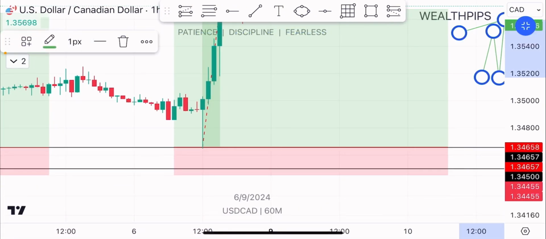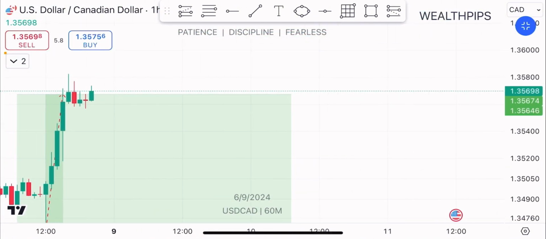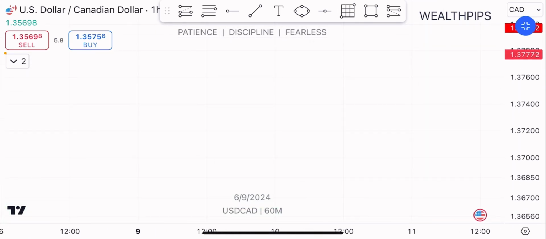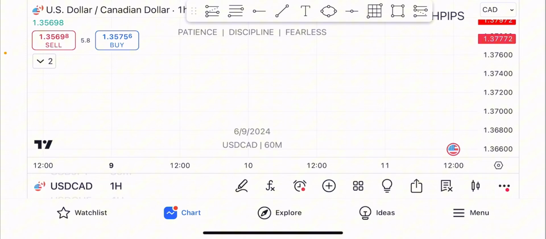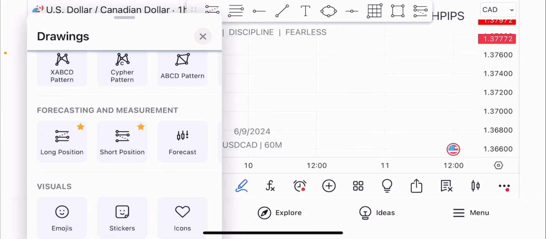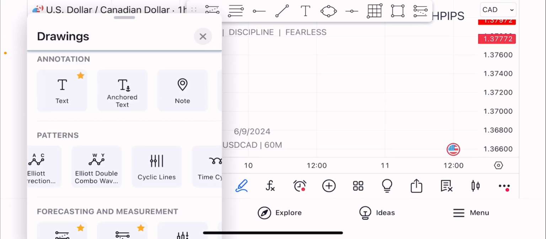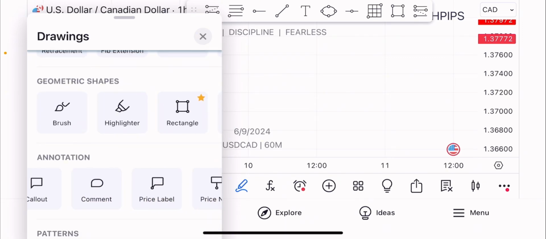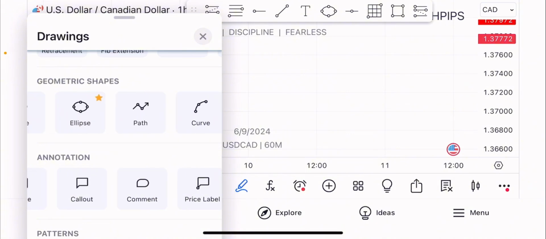So we'll go with this. Okay, let me just, this is a plain screen. Let me add it to favorite so it will go.